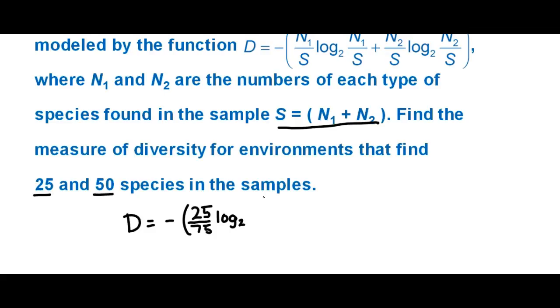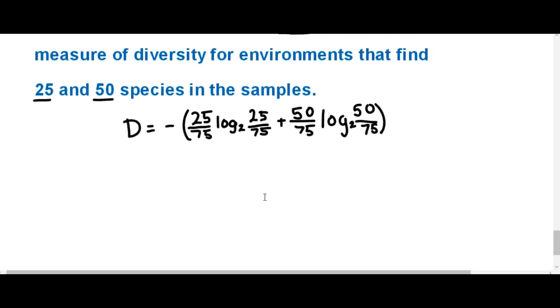So we have 25 over 75 plus n2 over s, so 50 over 75, times log base 2 of 50 over 75. And this will tell us the measure of diversity in this environment.